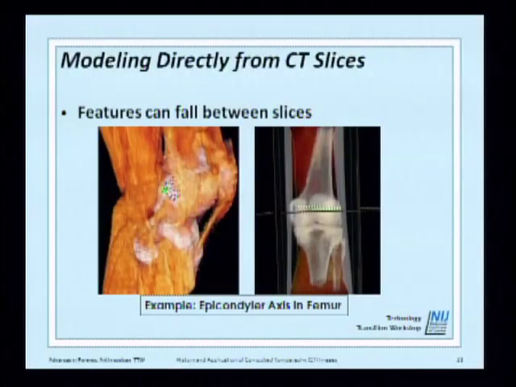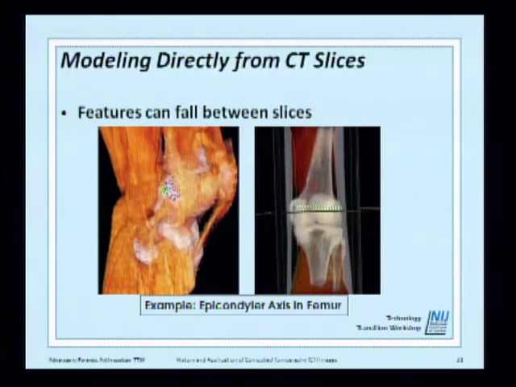Modeling directly from CT slices was a problem, although you do it a lot in clinical work. What we discovered in this example, if I'm going to look at the epicondylar axis, or we call it the transepicondylar axis in the knee, which is the axis that goes between the medial and lateral epicondyles.